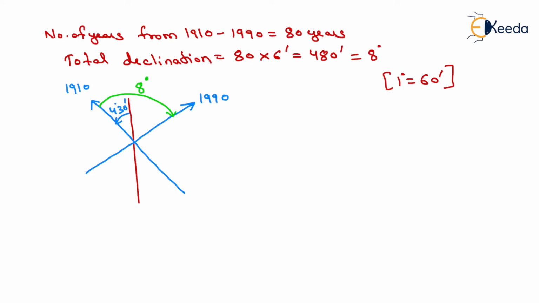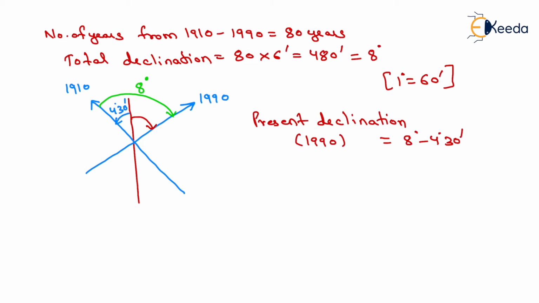So what will be the present declination? It will be equals to this value, that is the declination in 1990, it will be equals to 8 degree minus 4 degree 30 minute, it will be equals to 3 degree 30 minute in the eastward direction. Okay, so we had determined the present declination.